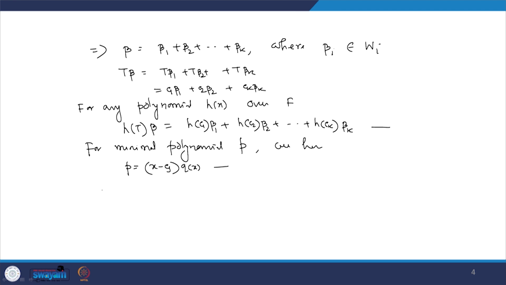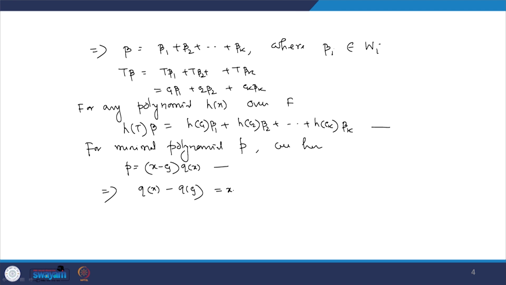So, this implies that if I consider Q of x minus Q of Cj, it will be a polynomial such that x minus Cj will be a factor, because put x equal to Cj, this is equal to 0.